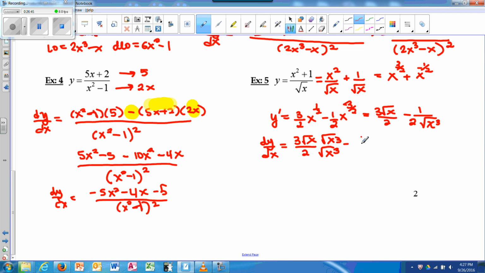And if I absolutely had to find a common denominator, I would need to multiply by the square root of x cubed. So the square root of x to the 4th would leave me with 3x squared.